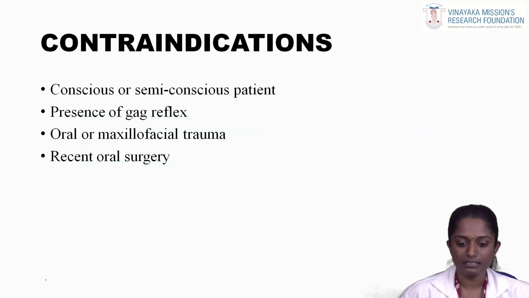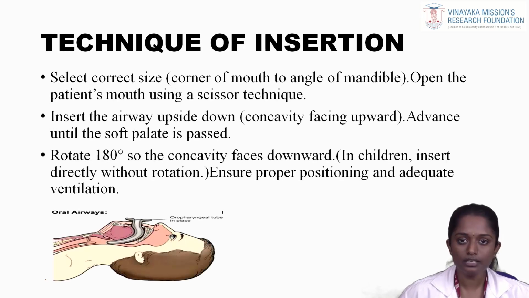Now the contraindications, where we will not use this oropharyngeal airway. That is mainly in conscious or semi-conscious patients, presence of gag reflex, oral or maxillofacial trauma, and recent oral surgery. In these patients we have to avoid the oropharyngeal airway. Now the technique of inserting it. First, whatever the airway is, we have to select the correct size. Open the patient's mouth using a scissors technique.